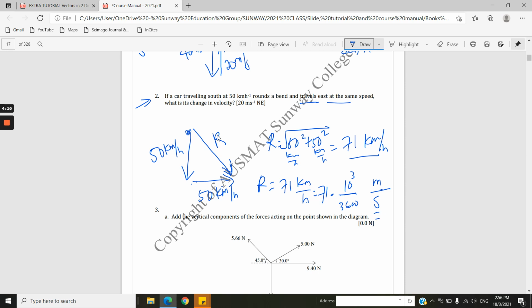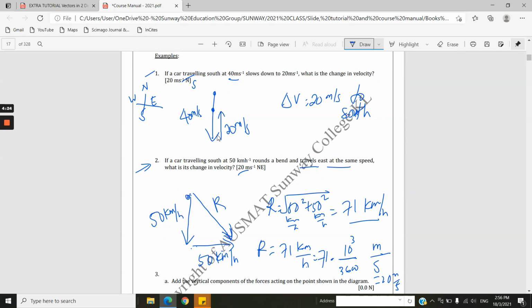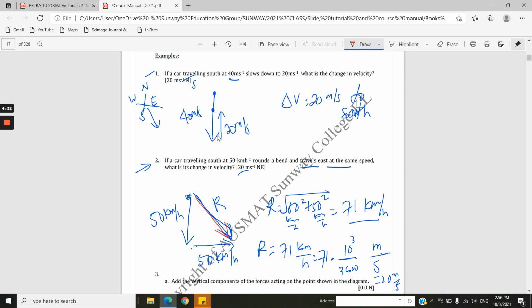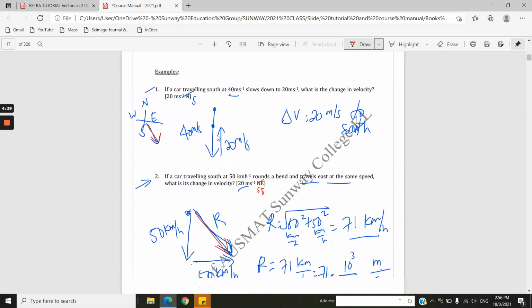At the end you get 20 meters per second. But the direction is not northeast. The direction is here, which is southeast. So the direction has an error here.